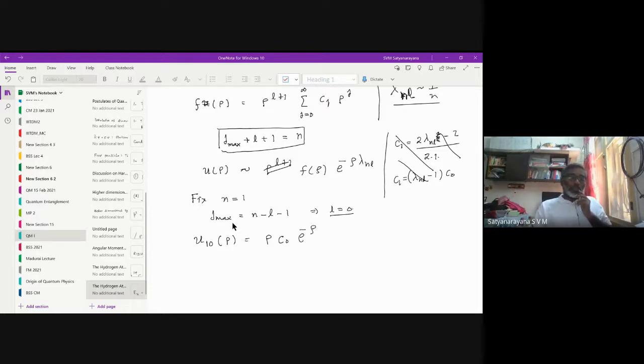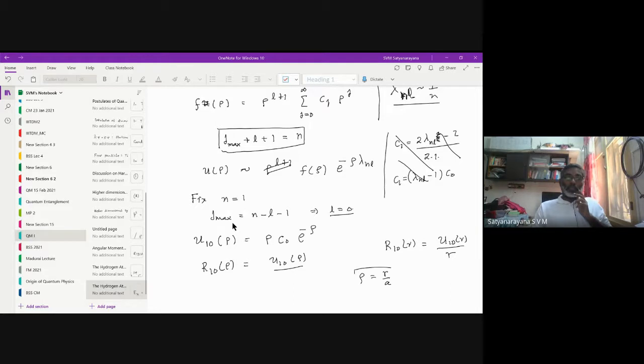But then we know that R10 of rho is equal to u10 of rho divided by, so basically R10 of r is equal to u10 of r divided by r. Okay, so if you want to call it rho, then rho is basically r by a, right?